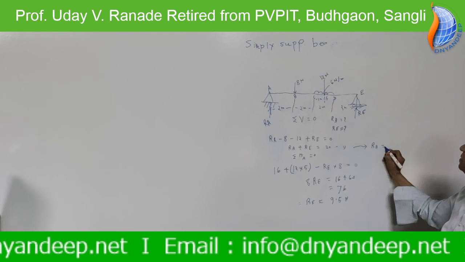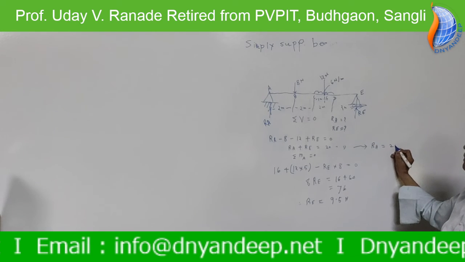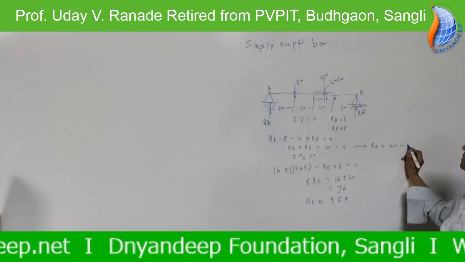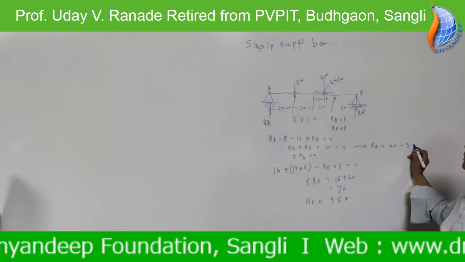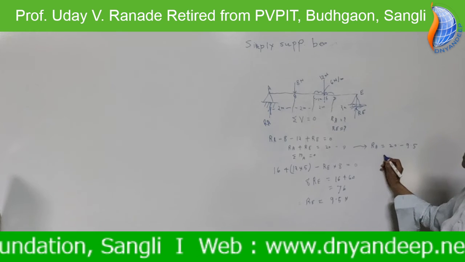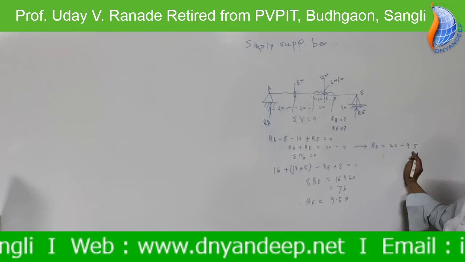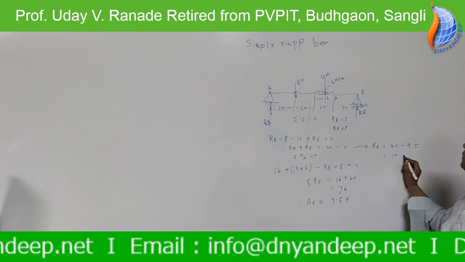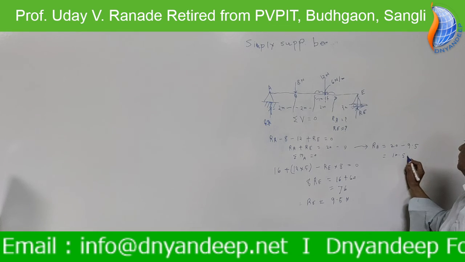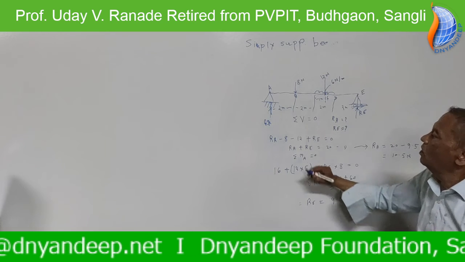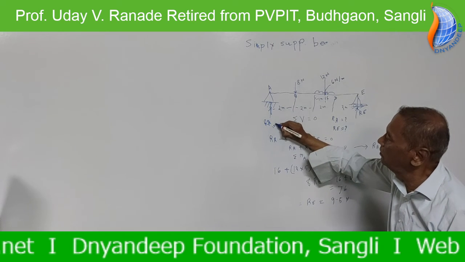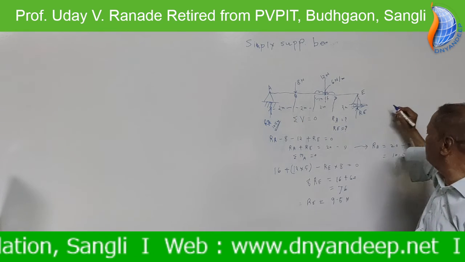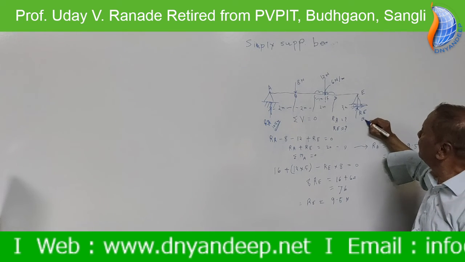RA plus RE means equal to 20 minus RE. What is RE? Minus 9.5. So this is equal to 10.5. So RA is 10.5 and RE is equal to 9.5.